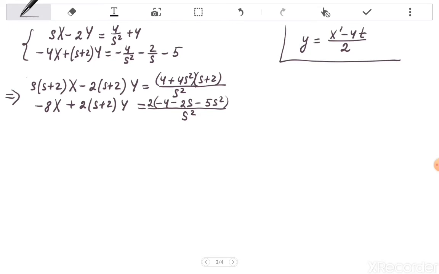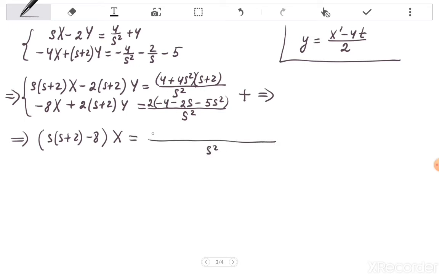And then we add these two to obtain that (s plus 2) times s minus 8, this is the coefficient of X, is equal to the sum of these two, so this is 4 plus 4s squared, s plus 2 plus 2 times minus 4 minus 2s minus 5s squared.